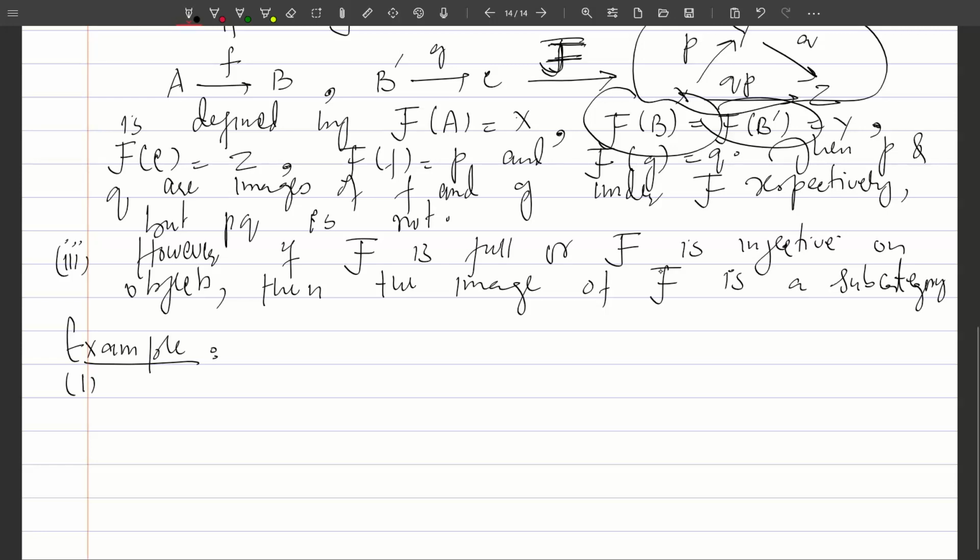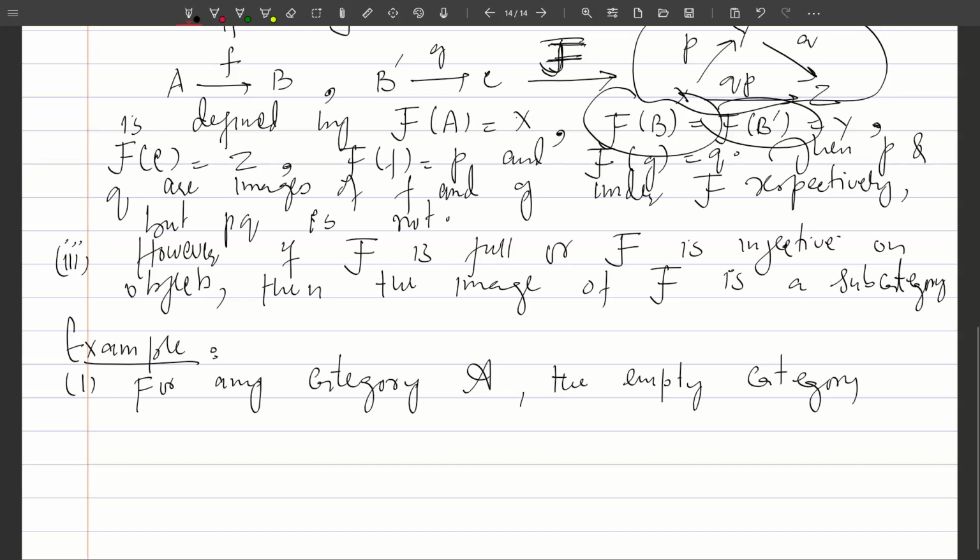If we consider any category A, then the empty category and A itself are always full subcategories of A.